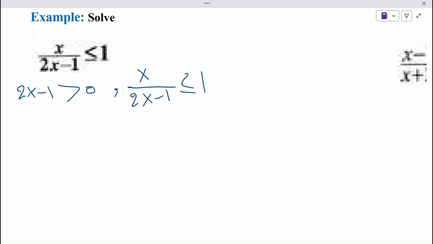Then, or this denominator: if we have 2x minus 1 less than 0, then write down the inequality with the opposite sign. The opposite sign of less than or equal to is greater than or equal to. So write down x over 2x minus 1 greater than or equal to 1.